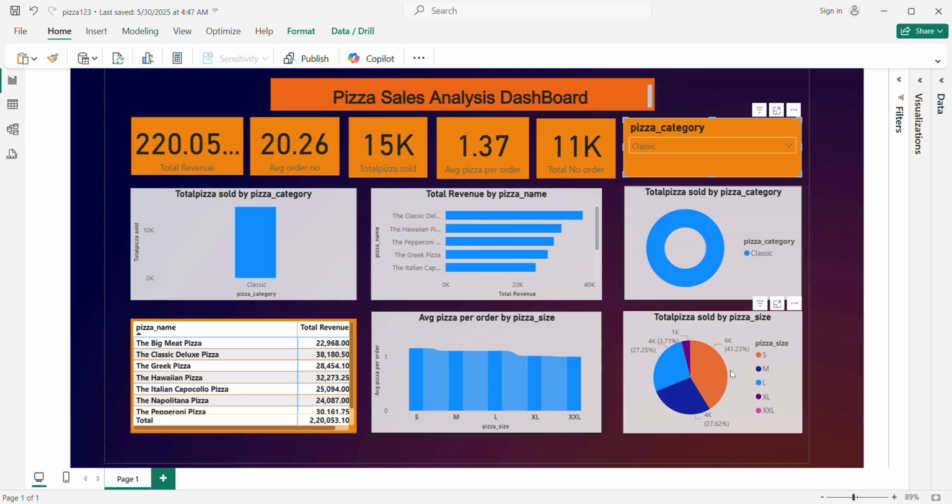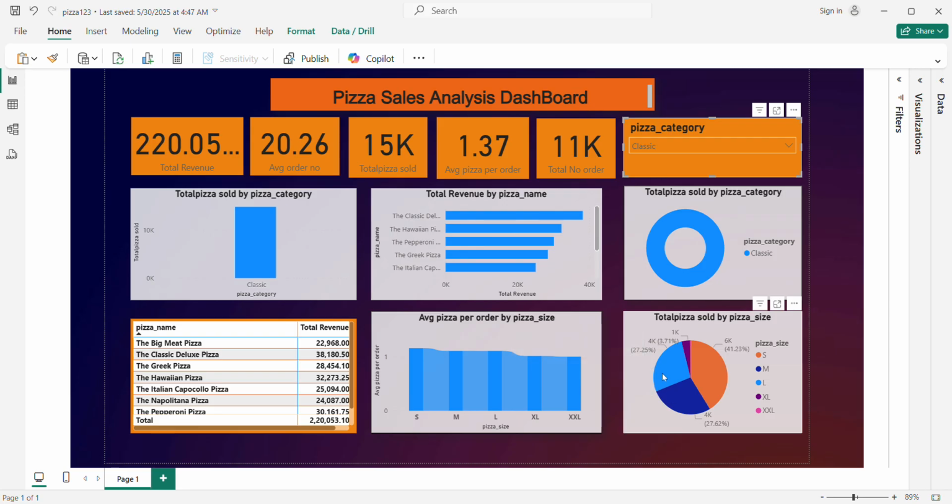The maximum size of sold pizzas is small size. The sales maximum is 6K for small size, then 4K for large, and then medium size, again 4K for medium and 4K for large.